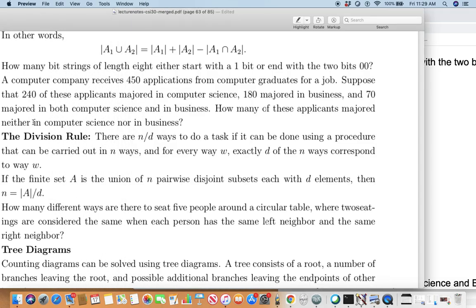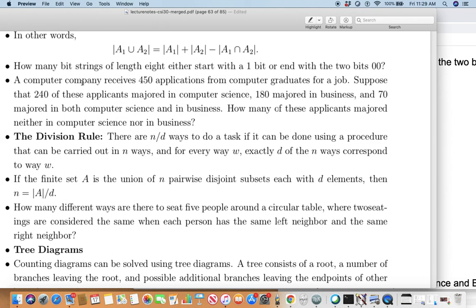Okay. Now, a computer company receives 450 applications from computer graduates for a job. Suppose that 240 of these applicants majored in computer science, 180 majored in business, 70 majored in both computer science and business.